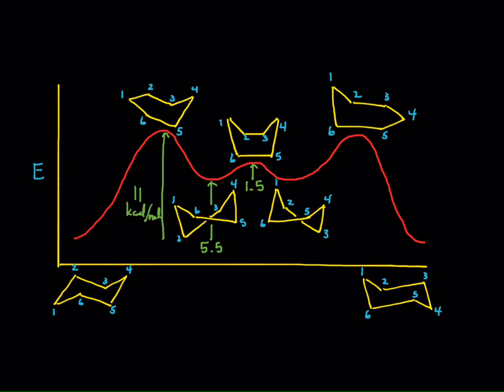And therefore, cyclohexane at room temperature is basically going from one to the other, back and forth. It's ring flipping, undergoing conformational changes at a rapid pace, something like 10 to the 6th times per minute or something crazy like that, okay?